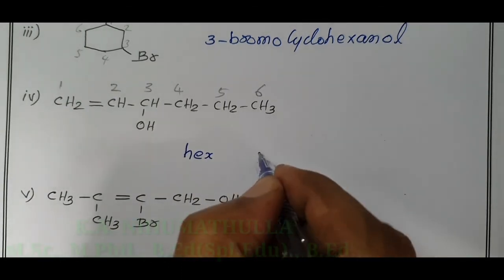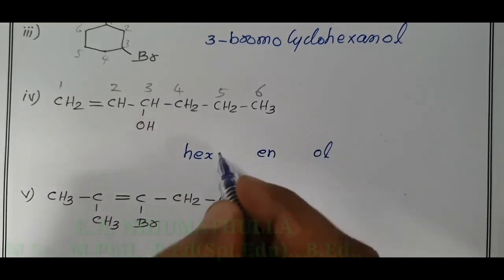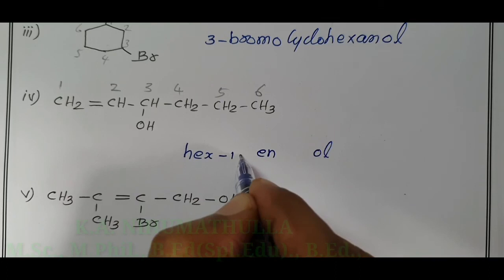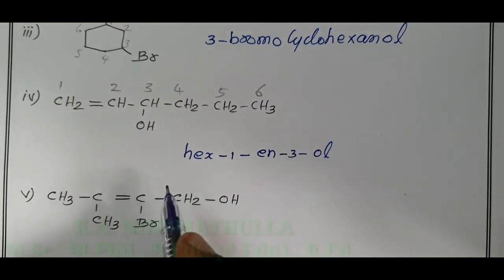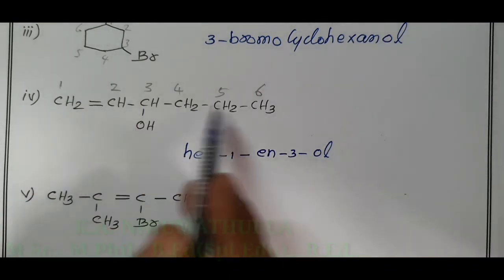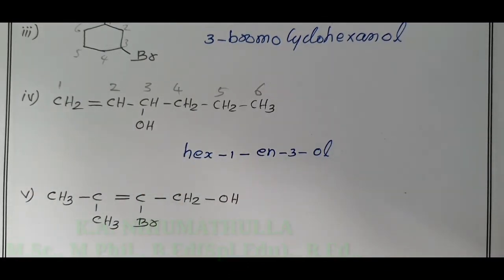Carbon-carbon double bond ene, OH ol. Position of ene is 1. Position of ol is 3. Hex-1-en-3-ol. That is the IUPAC name of this fourth compound. There is no side chain.